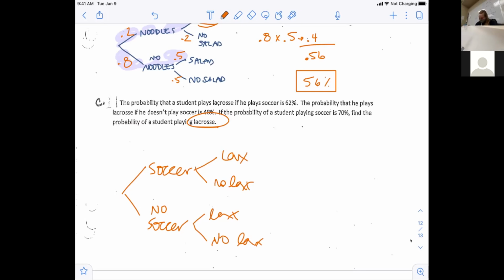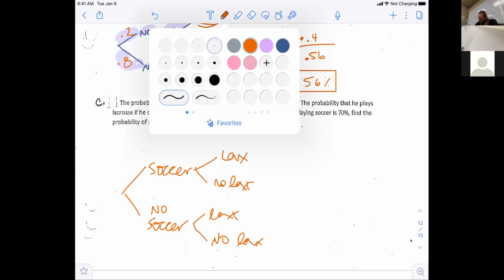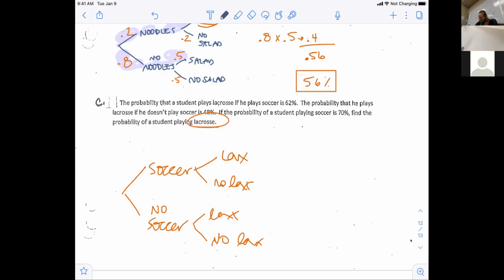All right, let's put our percentages in. I've got the probability that they play lacrosse if they play soccer is 62. So yes soccer, yes lax is 0.62. No soccer, yes lax is 0.48. So we're going to subtract those from 1, or from 100: 100 minus 62 is 38, so 0.38.